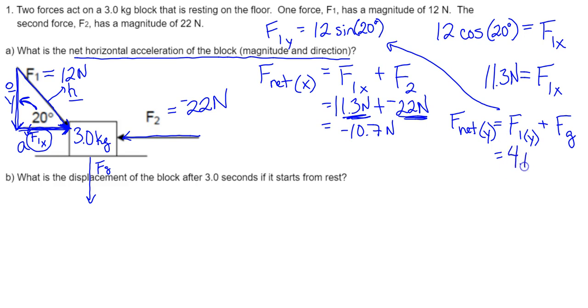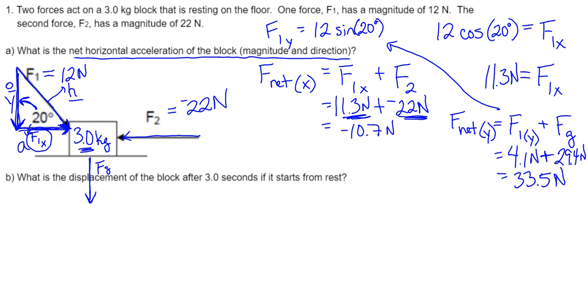So 4.1 newtons plus my force due to gravity, which is 3.0 kilograms times negative 9.8 meters per second squared. 9.8 times 3 is equal to 29.4, so 29.4 newtons. So 4.1 newtons plus 29.4 newtons. Remember, both of these are going in the same direction, so the magnitudes are going to add. 29.4 plus 4.1 is equal to 33.5 newtons.